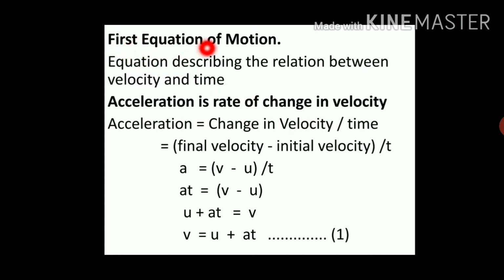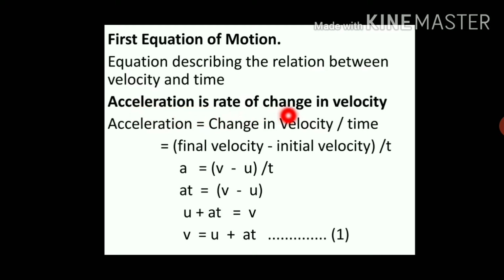The first equation of motion is also known as the equation describing the relation between velocity and time. Instead of graphical methods, we are going to derive this equation by using the definition of acceleration.